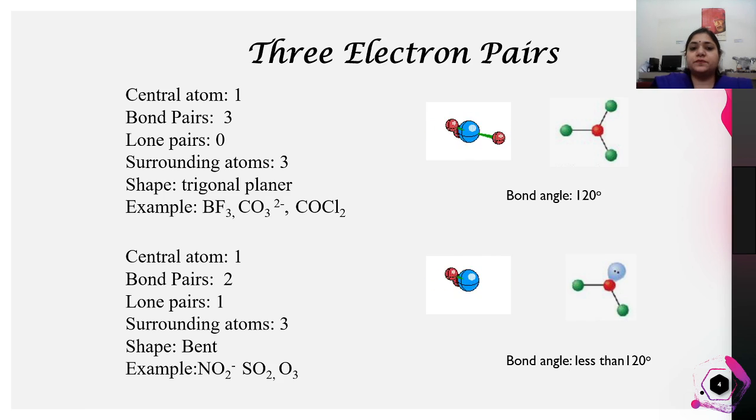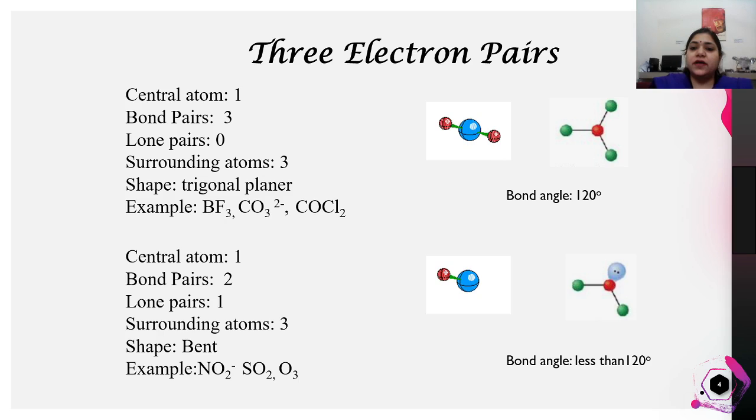Clear? So here you can see that in this case all three are bond pairs, and whenever all three pairs are bond pairs it will give a regular geometry, and when lone pairs are present the regular geometry changes and it gives an irregular geometry.